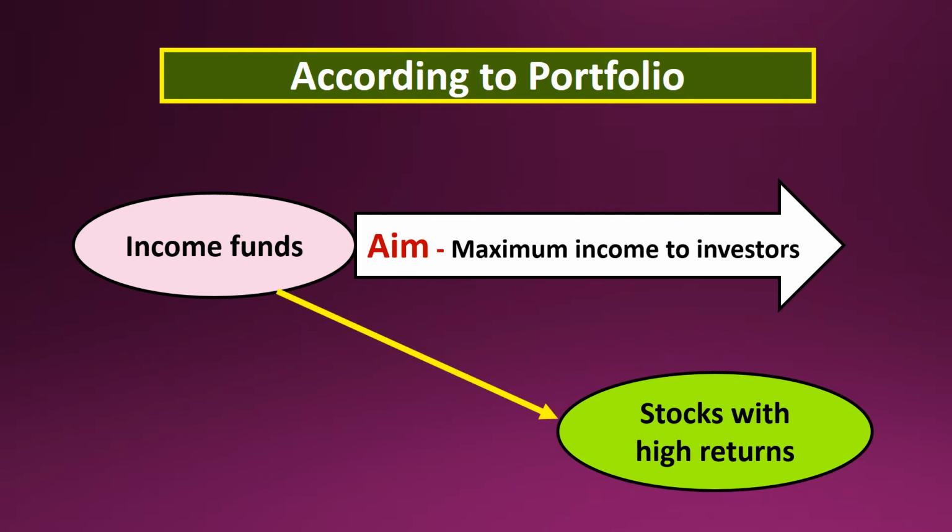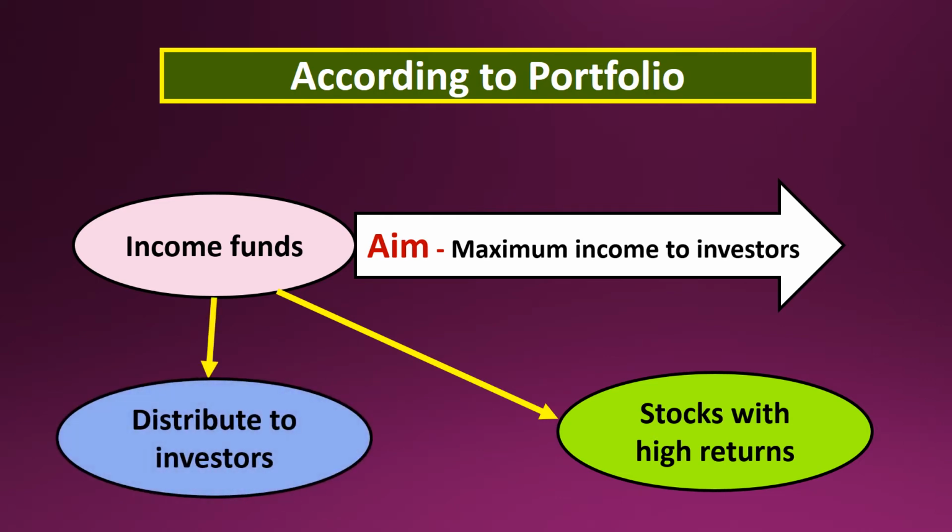Their main aim is to bring maximum income to the investors. Such funds distribute the income earned by them periodically among the investors because the investors are interested in earning income.